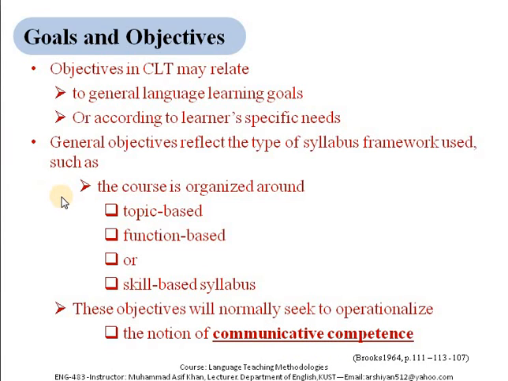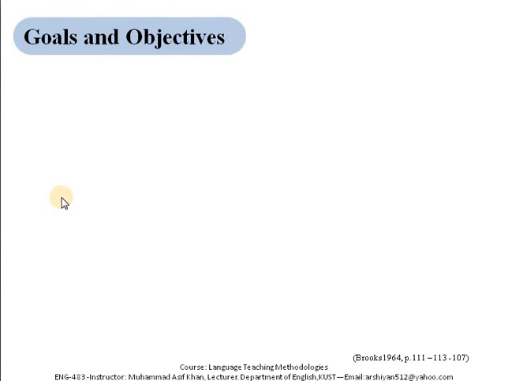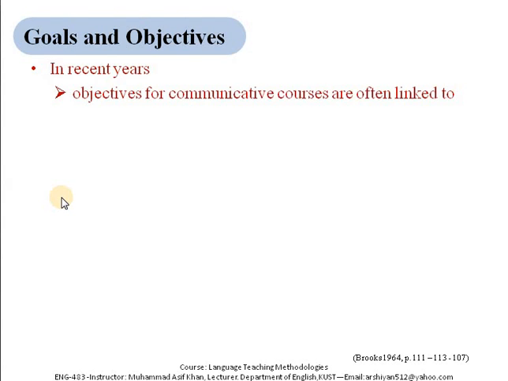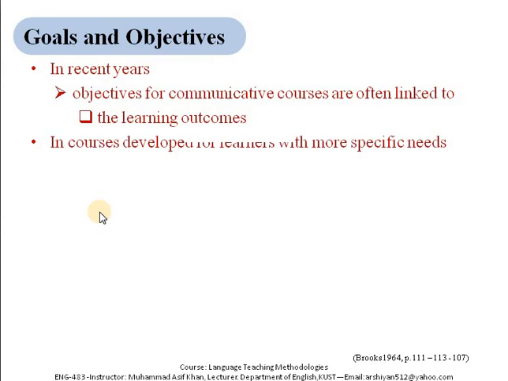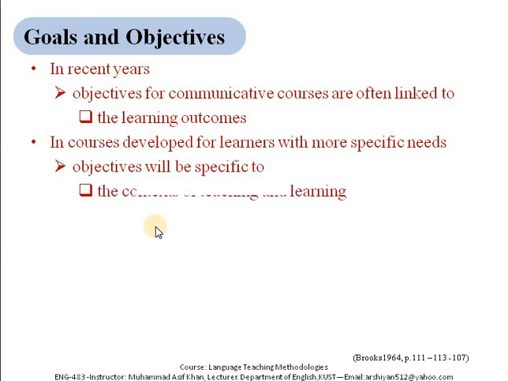In recent years, objectives for communicative courses are often linked to learning outcomes. In the case of courses developed for learners with more specific needs, objectives will be specific to the context of teaching and learning.